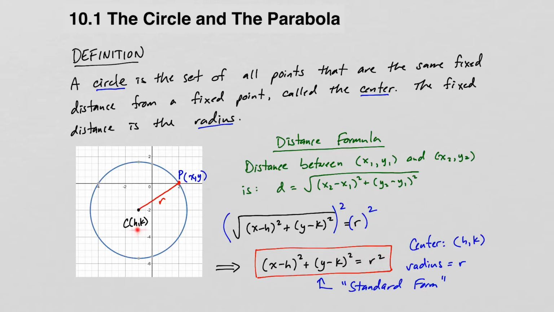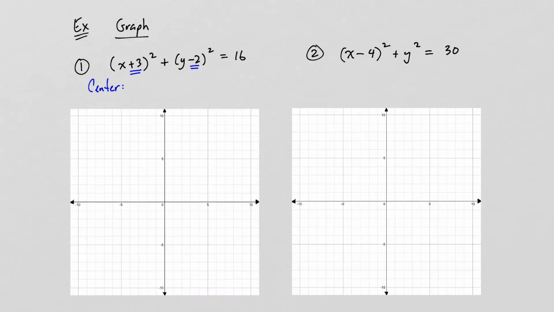So if the center has coordinates (h, k), what you're looking for in the equation is the opposite of these 2 numbers. So for example, here, the opposite of 3 is negative 3. And the opposite of negative 2 is positive 2. So the center of this circle occurs at the point (negative 3, positive 2), which is this point right here.